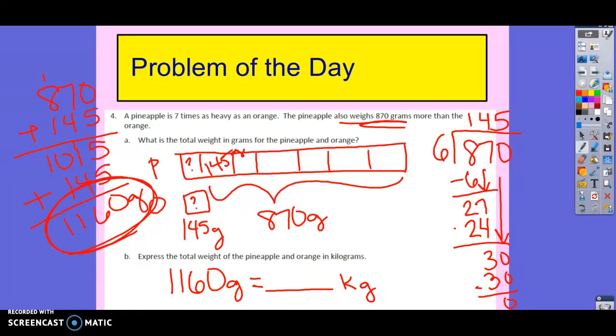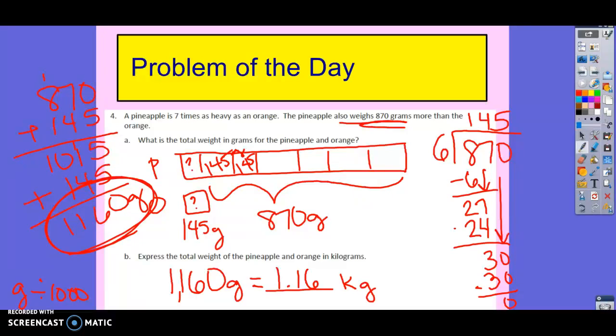The formula for solving that is grams divided by 1,000. So we're going to divide 1,160 by 3 powers of 10. We'll get 1 and 16/100 kilograms. So a pineapple weighs 1,015 grams.